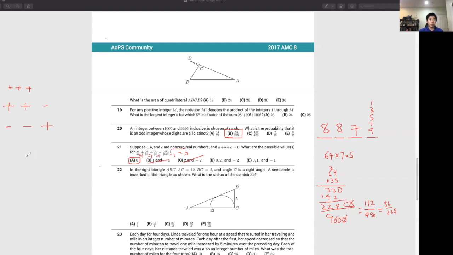A over the absolute value of A will be negative 1. B over the absolute value of B is negative 1. C over the absolute value of C is 1. And then ABC over the absolute value of ABC, since we have 2 negative numbers, ABC is positive, so we get 1 again. And this confirms that 0 is the only possible value.